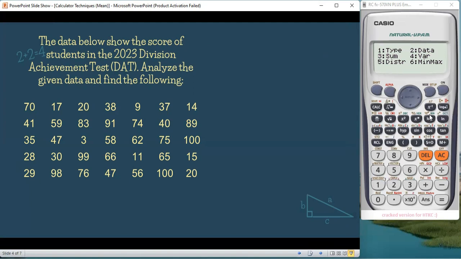So kapag ganito po, my dear students, di ba, ang ginagawa lang natin dito is easy. Kapag parehas lang yung problem, nakukunan natin ng both the mean, the standard deviation, and the variation, minimum, maximum, and the range. Pero this time, my dear students, meron na tayong another problem. So ibig sabihin, another data naman po yung gagamitin natin.